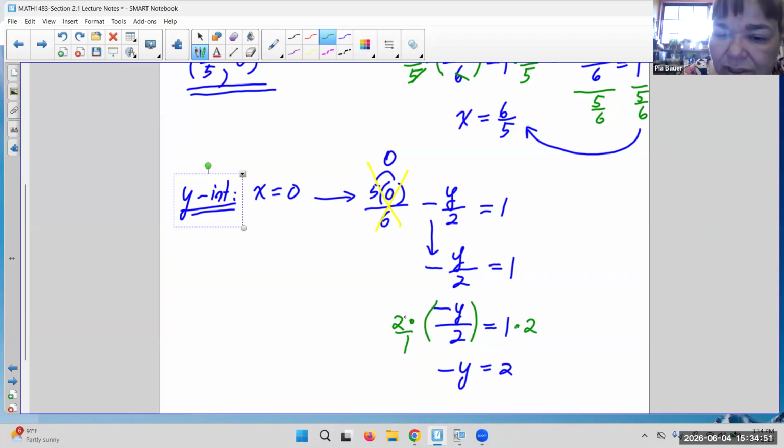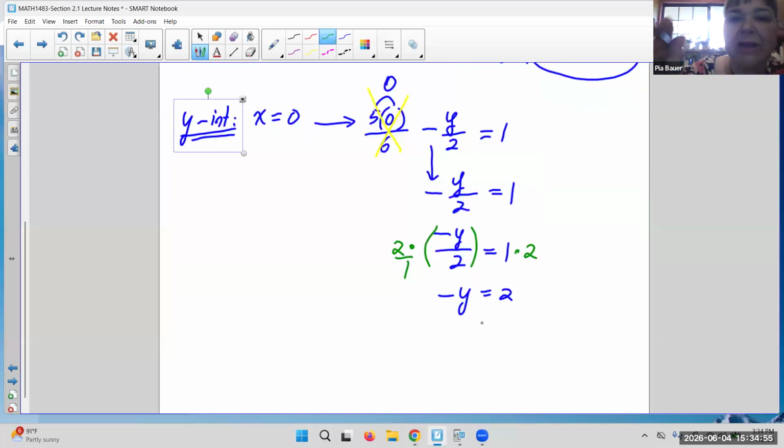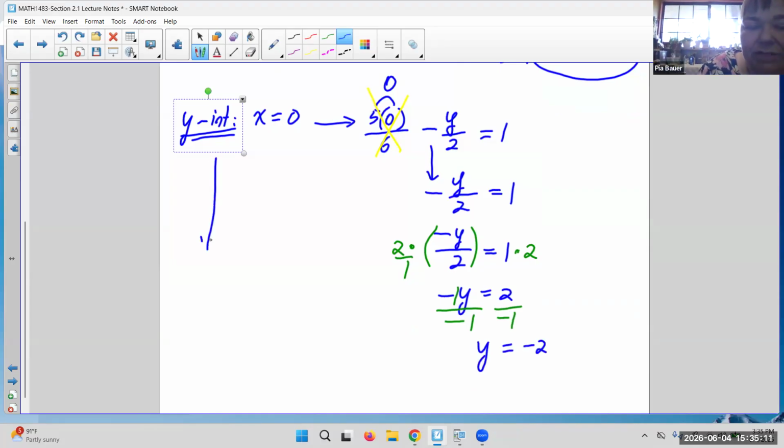This is 2 over 1, so the 2's cancel out, and it leaves you negative y equals 2. But now you need to get rid of that negative in front of the y, so that's a negative 1. So you divide or multiply by a negative 1, and that's going to give you y equals a negative 2. So then your y-intercept will be 0 and negative 2.